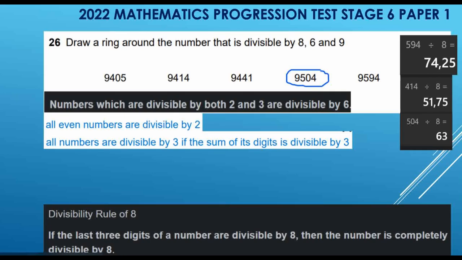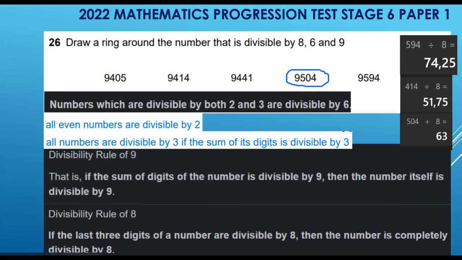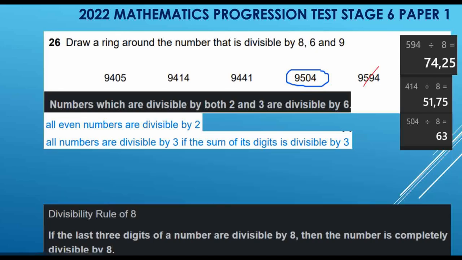So we cross out 594, and this is an odd number we cross out, and 414 is also not divisible by 8 in its last 3 digits. The rule of divisible by 8 is that the last 3 digits are divisible by 8. So the only answer is 9504. There's a revision. The only answer is 9504 because only one ring is needed, so it is one answer.